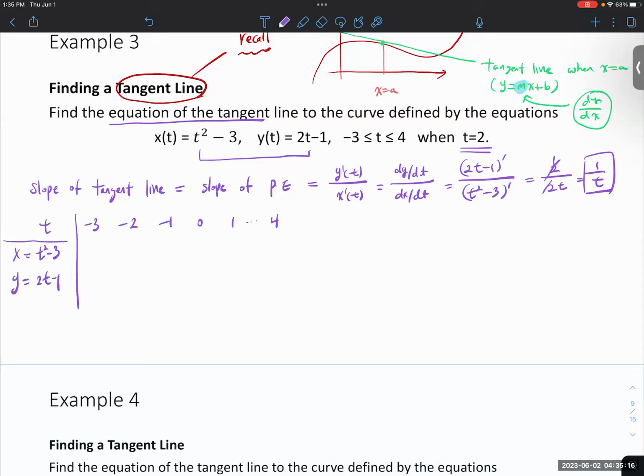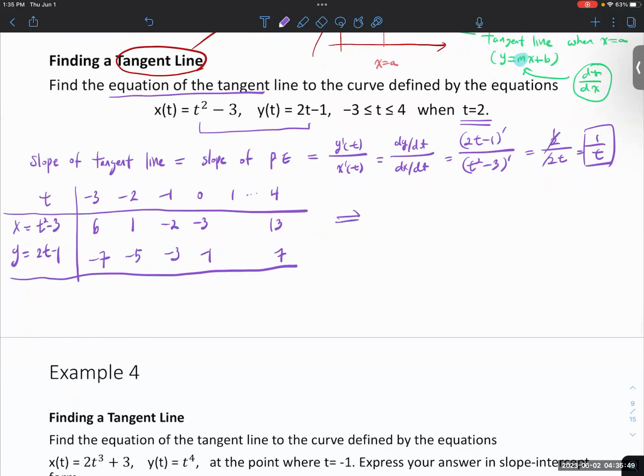Let's just fill out the table. 9 minus 3 is 6, 4 minus 3 is 1, 1 minus 3 is -2, -3, and the last one, 16 minus 3 is 13. And then for the y, -6, -7, -4, -5, -2, -3, 0, -1, and the last one, 8. So these are the coordinate points.